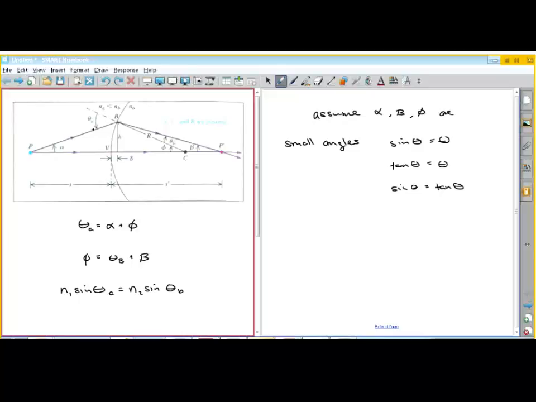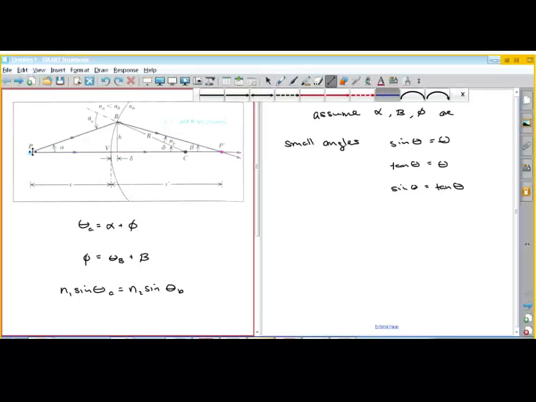The angle between the perpendicular and the ray of incidence is theta sub A, and the angle between the ray and the radius is theta sub B. Okay, so we know that. Also, we can say that the tangents of these three angles, alpha, beta, and phi, are going to be related to this height. So this is the opposite side.